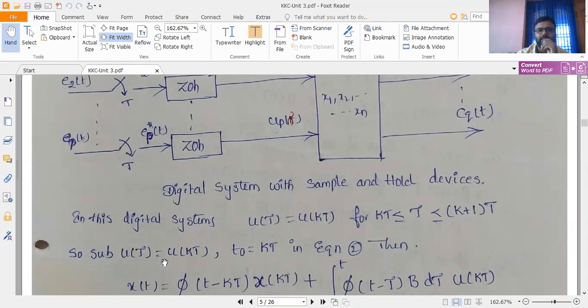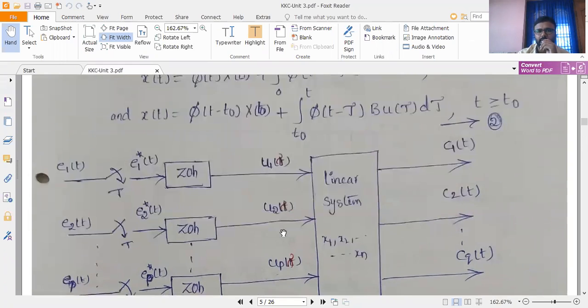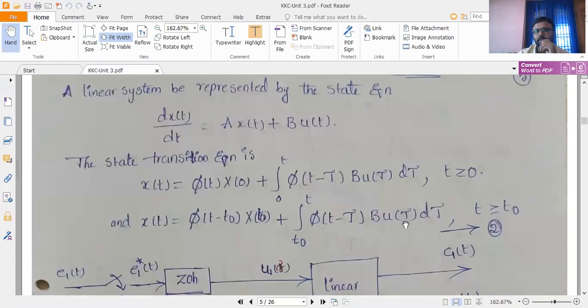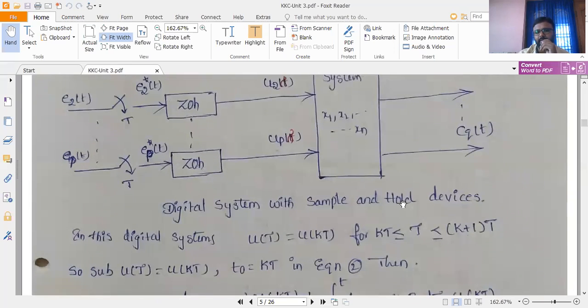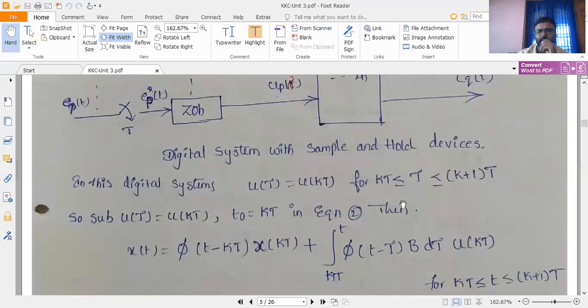In these digital systems, for the sample and hold devices, u of tau is taken as u of kT, the output, where T is the capital T sampling period. Therefore, substituting u of tau equal to u of kT, and t naught is also considered as kT.